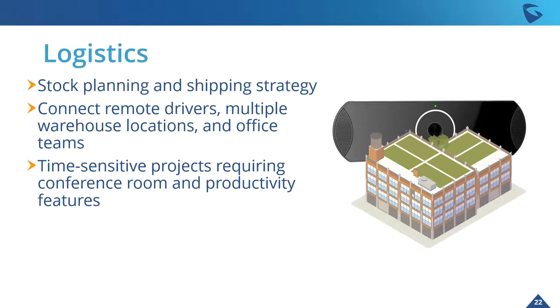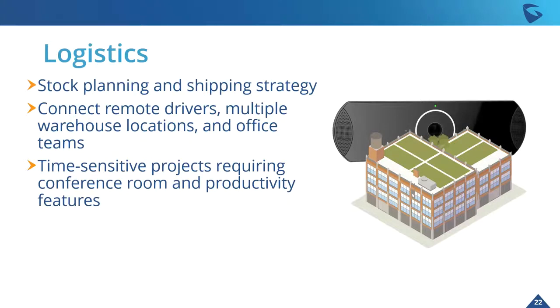Logistics. This is definitely a big one, especially when it comes to warehouses and shipping companies. You really have a lot of people who are all over the place and really spread out. So being able to put this type of device into any meeting space or collaboration space, and bridge everyone in, has a big impact.